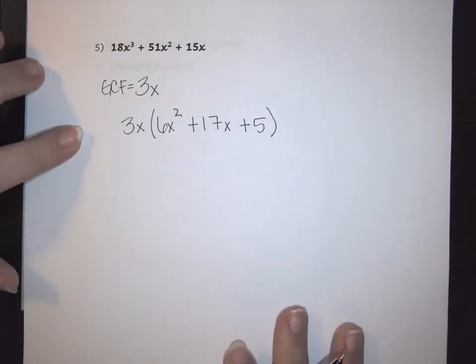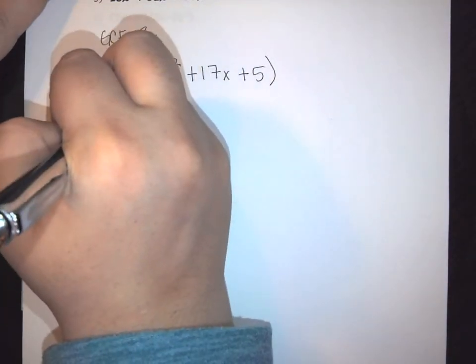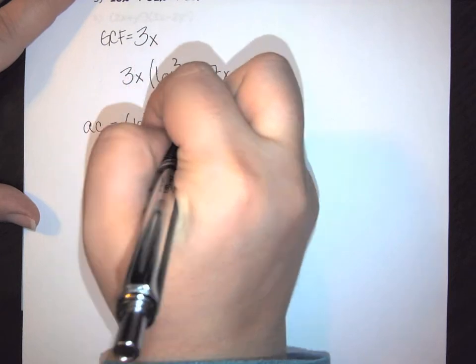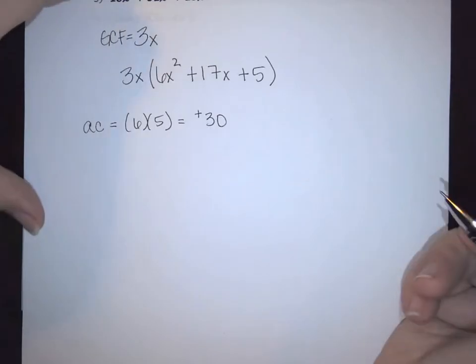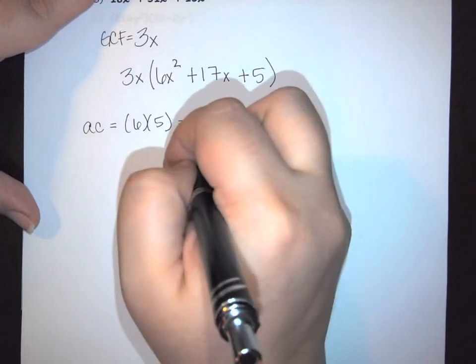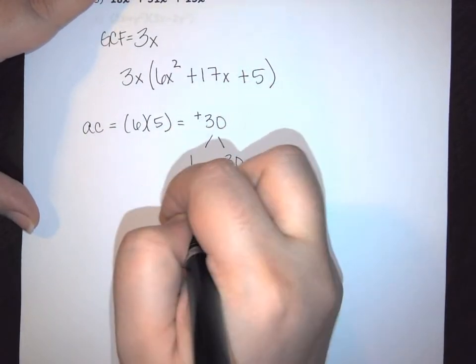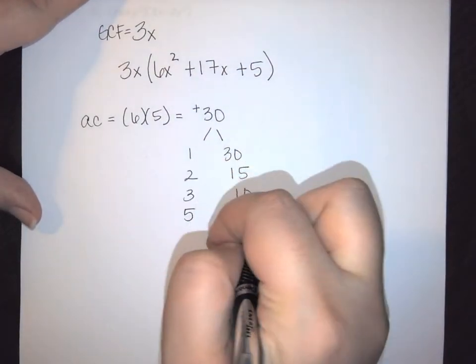Again, we can use that bottoms up method. So we're going to start with a times c. So a times c is going to be 6 times 5, which is going to give us a positive 30. We want to look at our factors. So we have 1 and 30, 2 and 15, 3 and 10, 5 and 6.